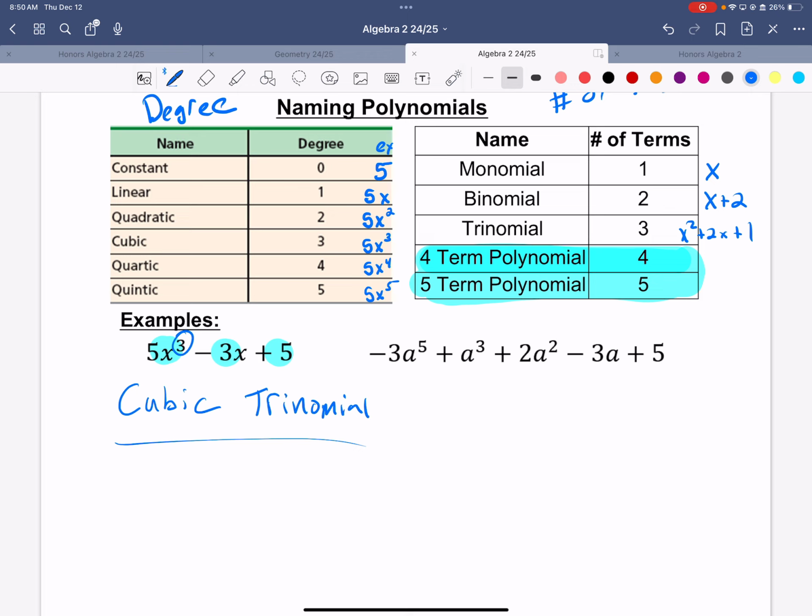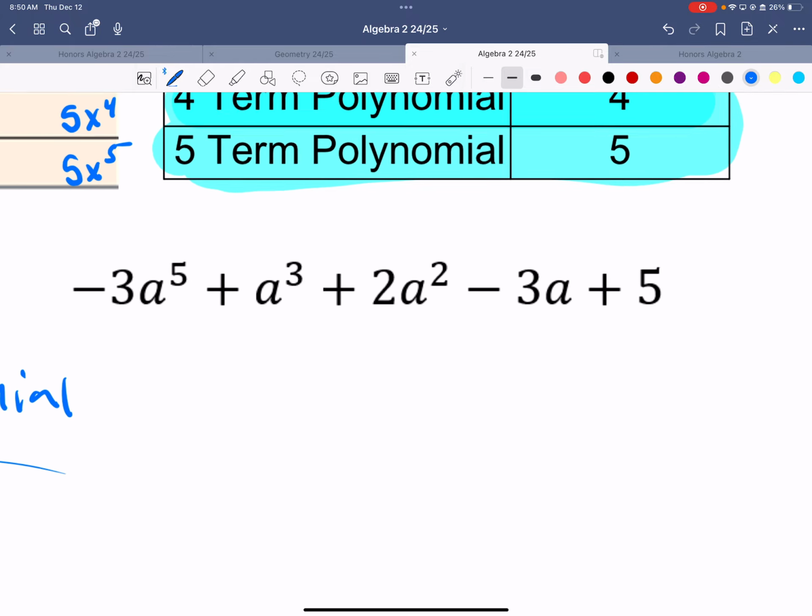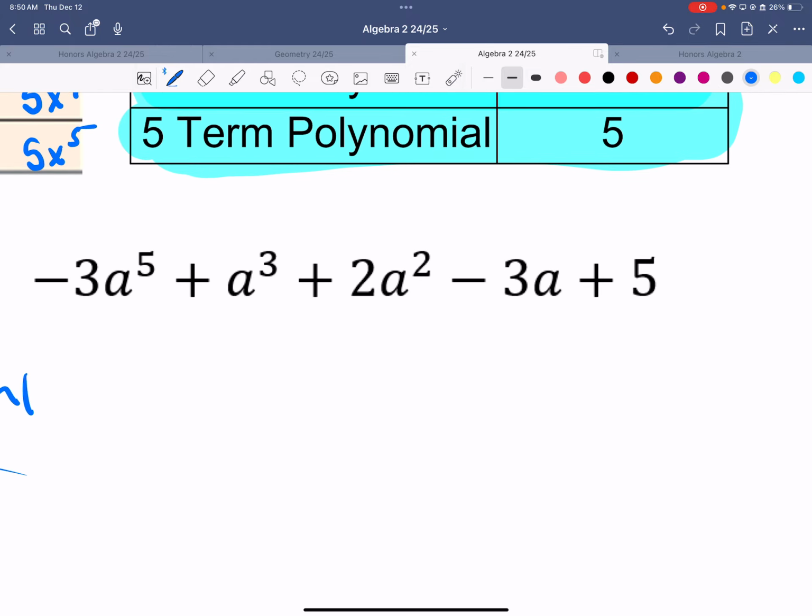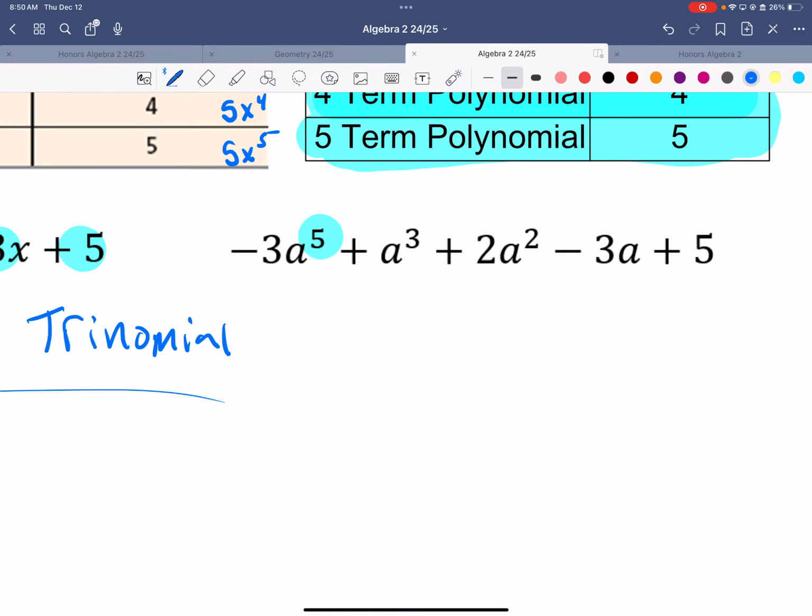The second one, -3a to the 5th plus a cubed plus 2a to the 2nd minus 3a plus 5. It's in standard form, so we're good there. If I look at the degree, my degree is 5. So 5th degree is quintic.